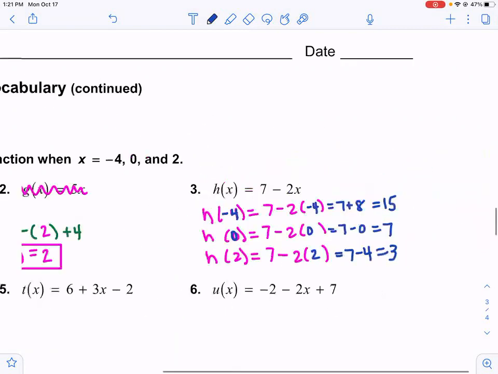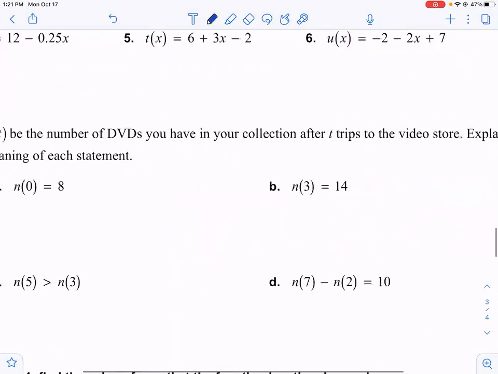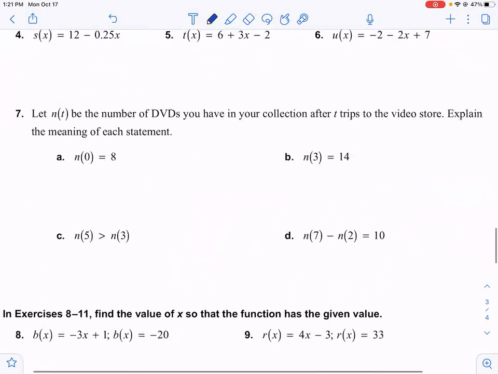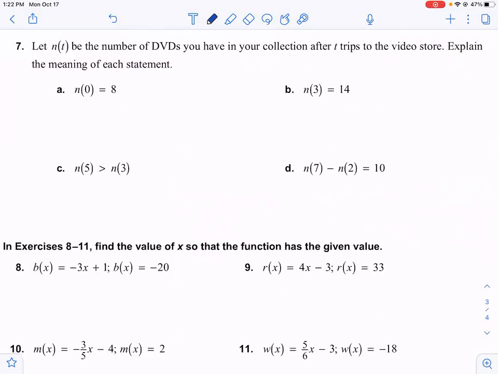Now, read through number 7 for me. Just read through number 7's description.